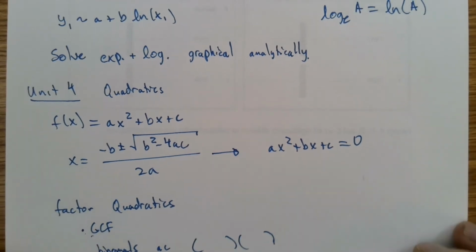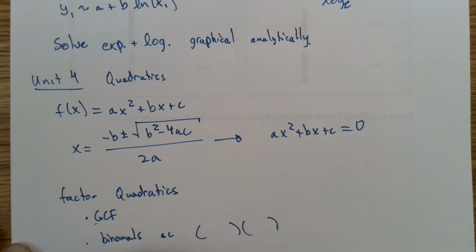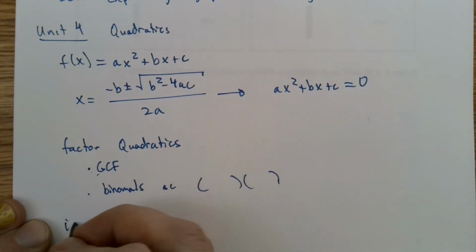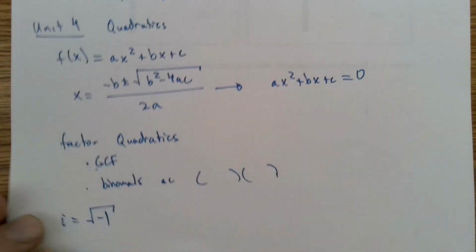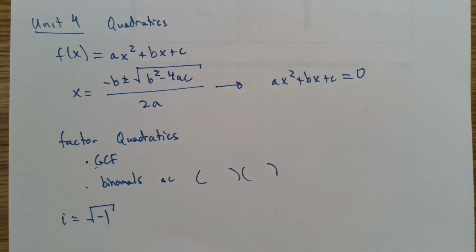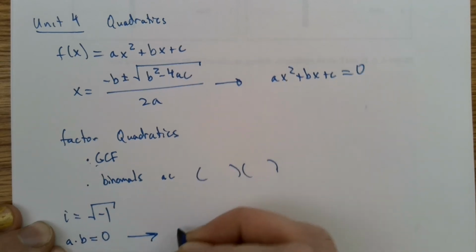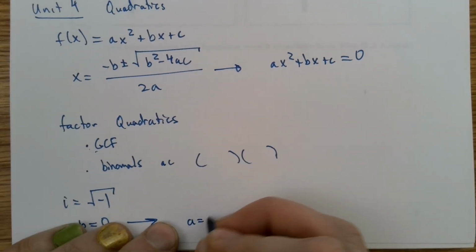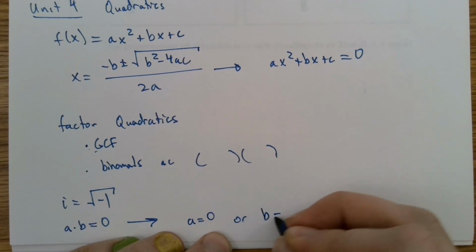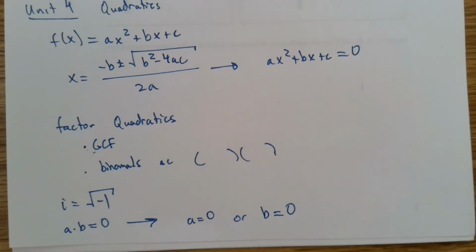We also learned in this unit about the imaginary unit, i equal to the square root of negative 1, and how to work with that. And we learned the zero product property, that if we have A times B equals 0, then we know that A is equal to 0 and/or B equals 0. Those are your solutions.